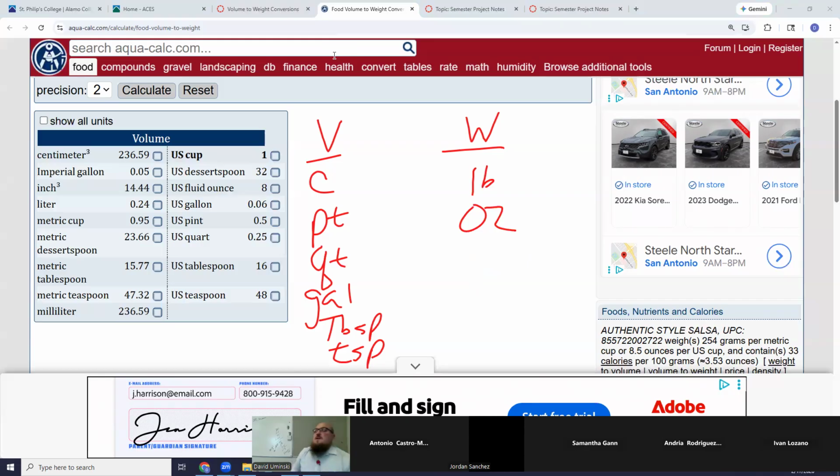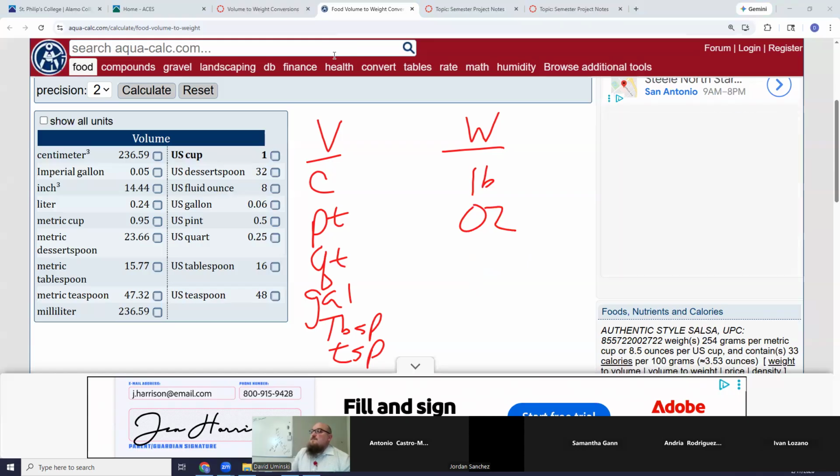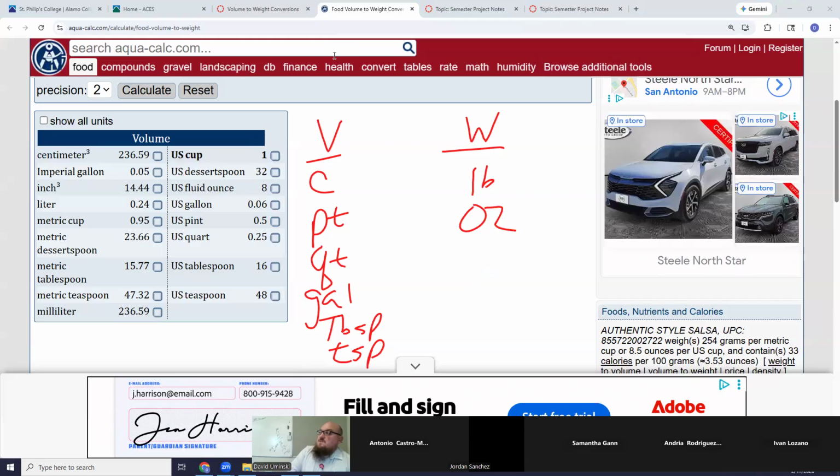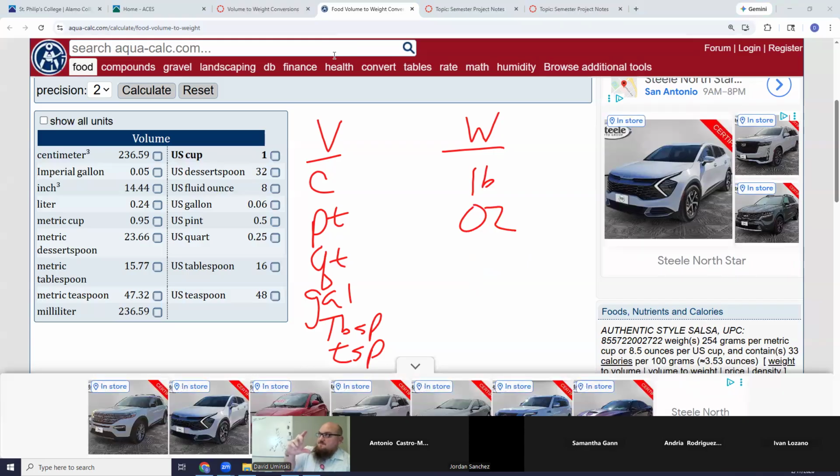So when you are working with volume, cups, pints, quarts, gallons, teaspoons, tablespoons, if you see a recipe measurement in those increments, the first question you want to ask yourself is: is this a dry ingredient or a liquid ingredient?